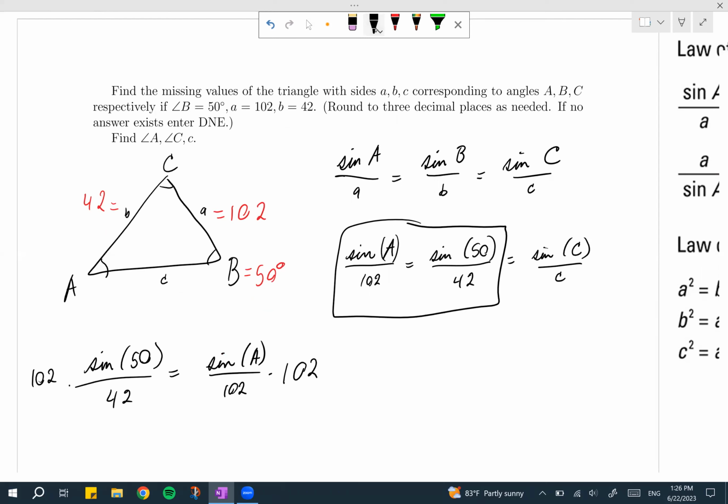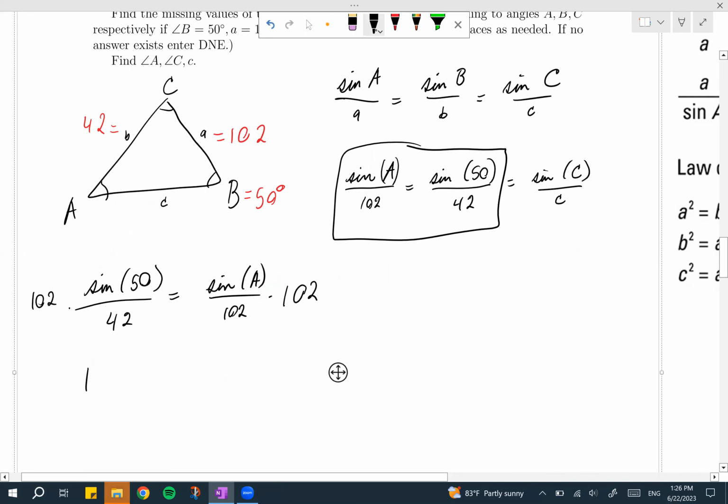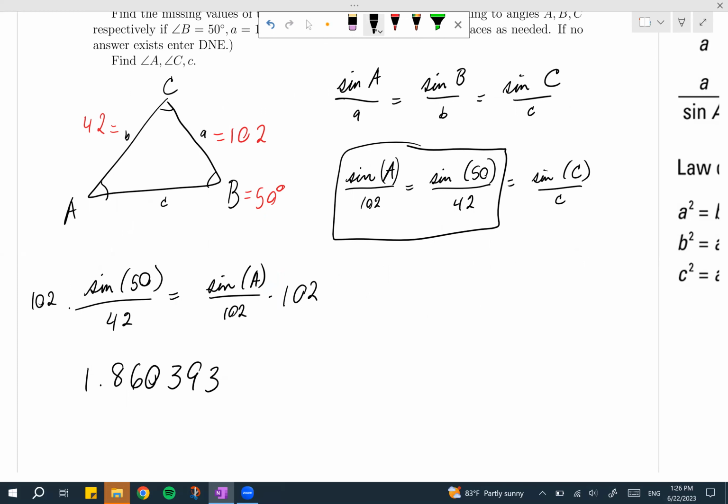So I'm going to get 102 times sine of 50 divided by 42. I'm going to get 1.86039365 is equal to sine of big A.